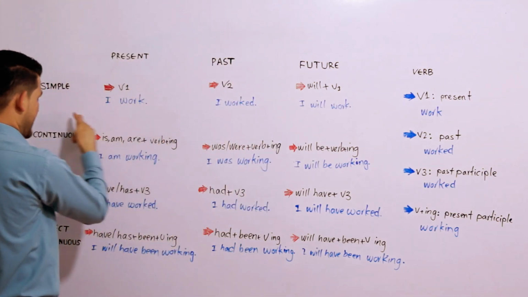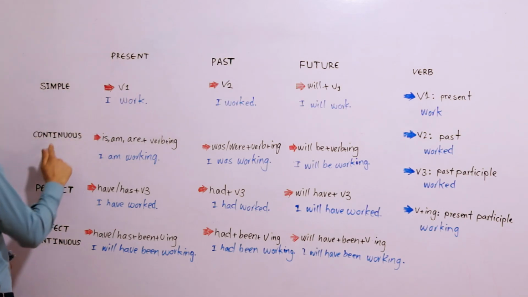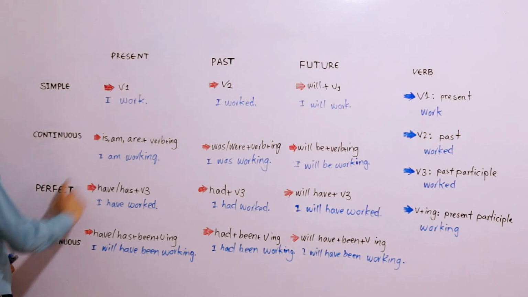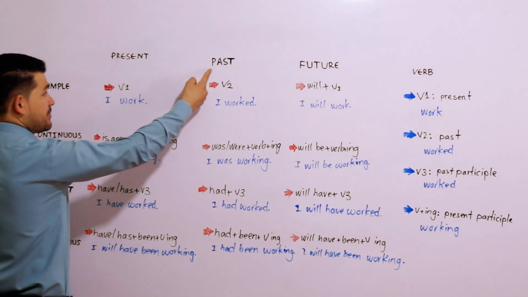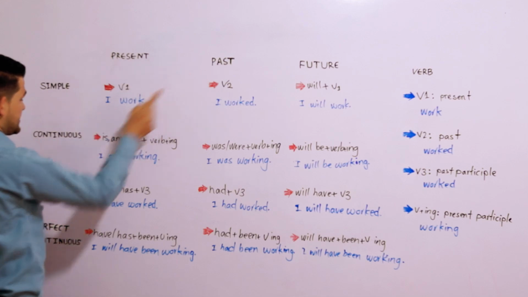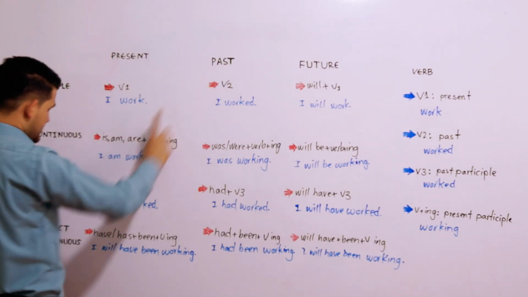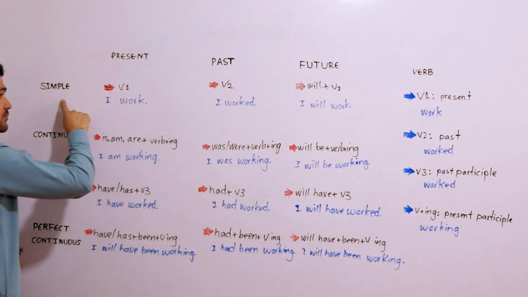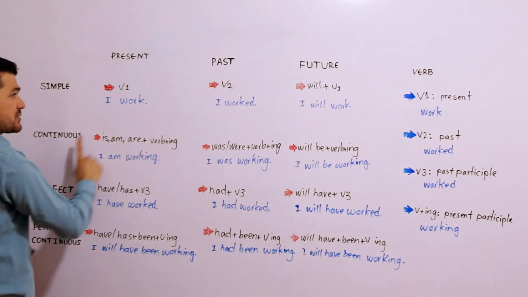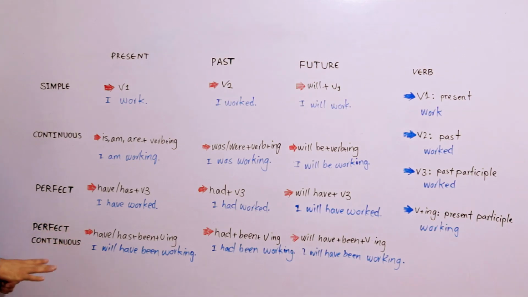We have present simple, present continuous, present perfect, and present perfect continuous. Past simple, past continuous, past perfect, and past perfect continuous. We have future simple, future continuous, future perfect, and future perfect continuous.